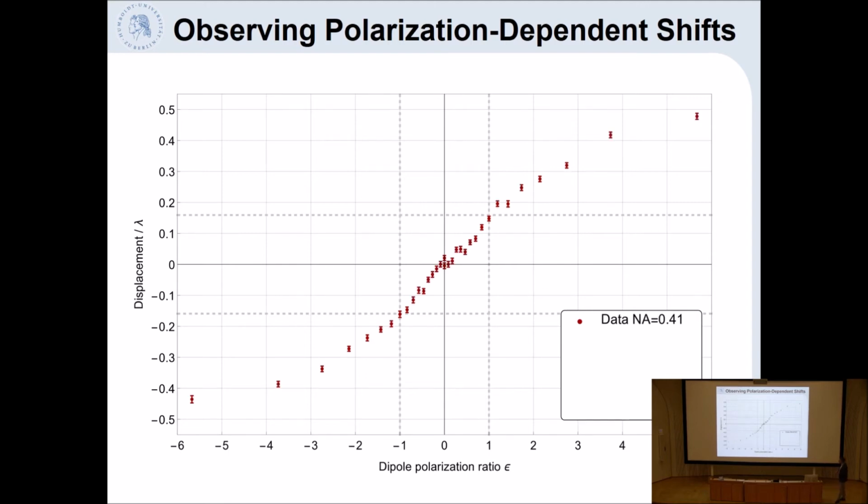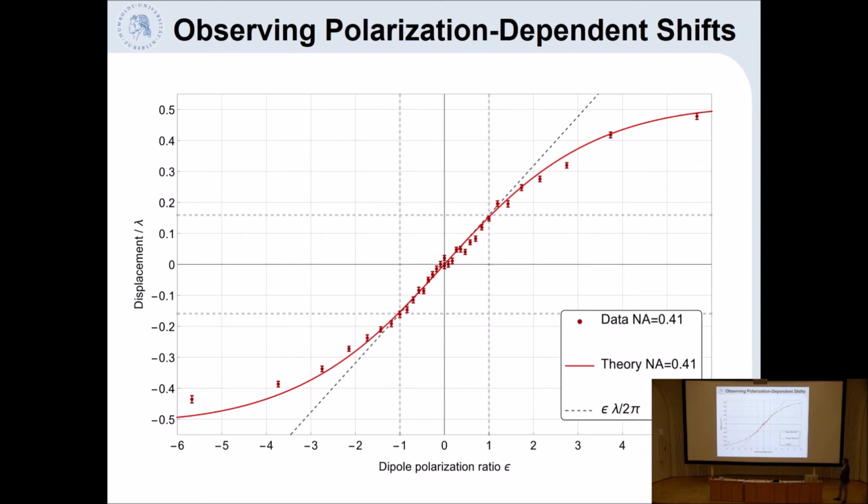And we did many more measurements for this experiment, and then you see that indeed at least from minus circular to plus circular, it's really well fitted by this very simple expression which is linear in the ellipticity ratio. For larger ellipticities it starts to deviate because the numerical aperture is finite here. But you can do a full theory of propagating the waves through the optical system, and then you see that you can indeed also understand these effects of leveling off of the shift.